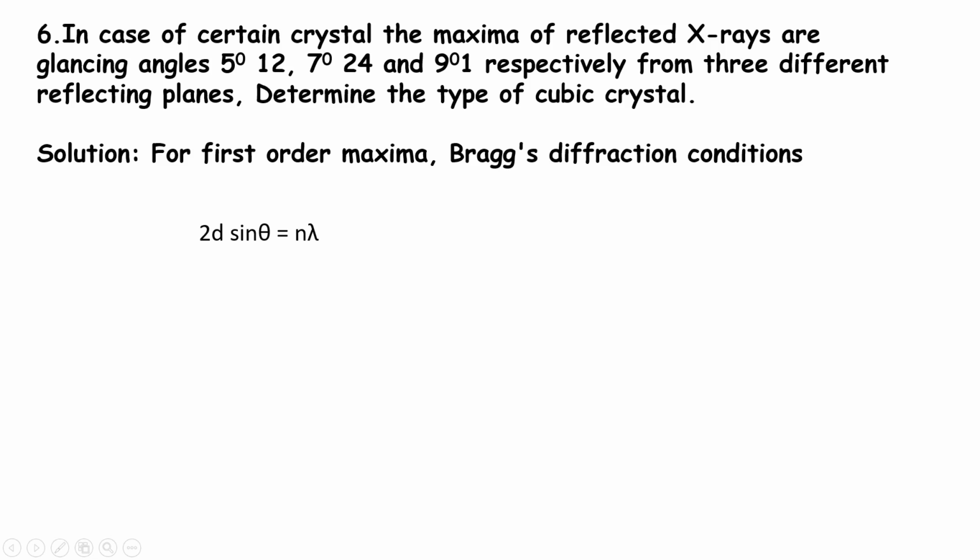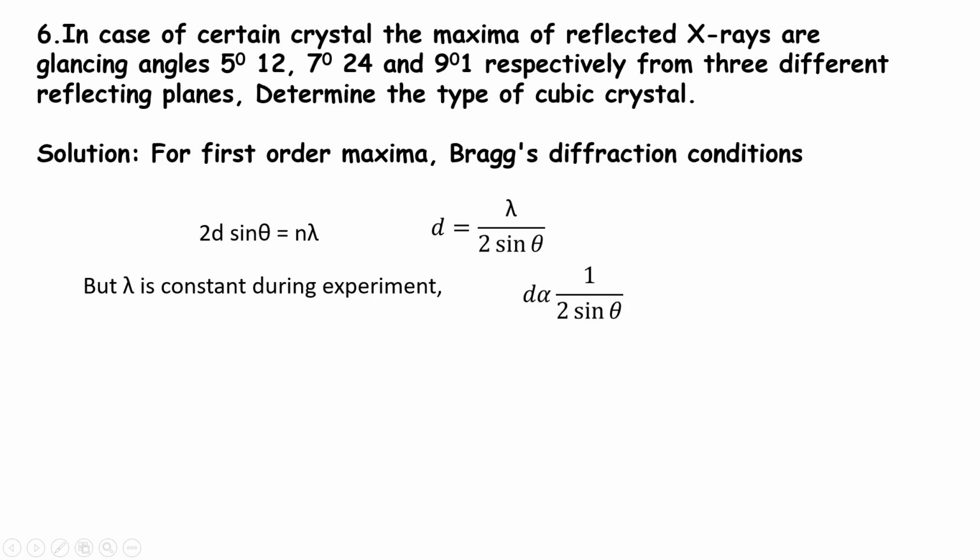Now theoretically we need the Bragg's diffraction condition, which is 2d sin theta is equal to n lambda. But here the wavelength is constant, so we can write the Bragg's diffraction condition in terms of d is equal to lambda divided by 2 sin theta.